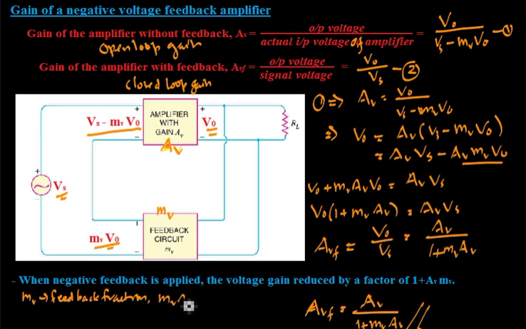That is, MVAV is called feedback factor, and 1 plus MVAV is called the loop gain.